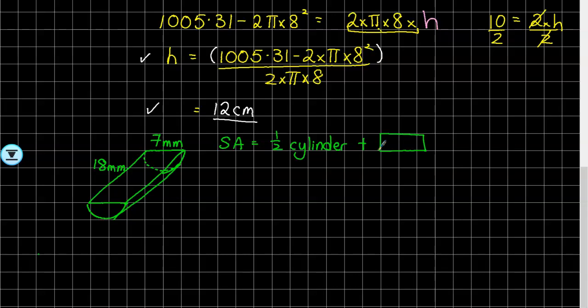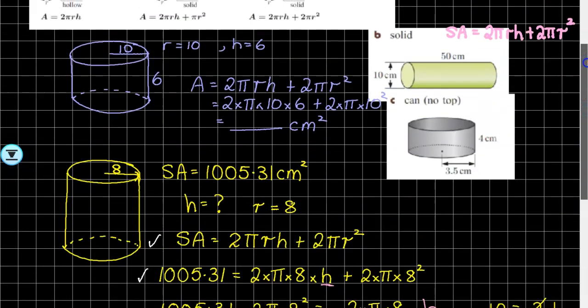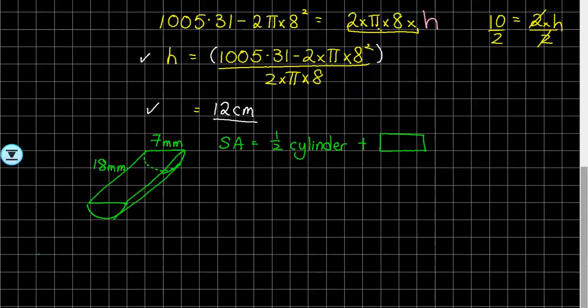What do we need to know for the cylinder? 2 bits of information we need. Cylinder, radius and height. So do we have the radius and height of our cylinder? What's our radius? 3.5. Now, again, up to you.